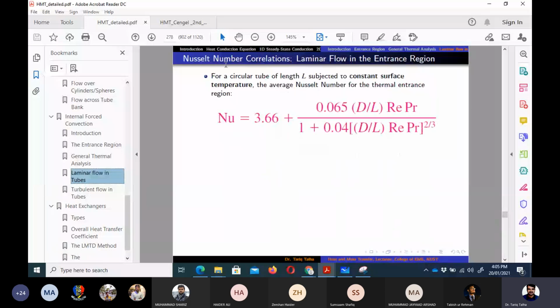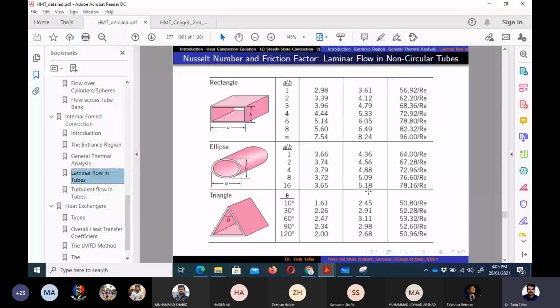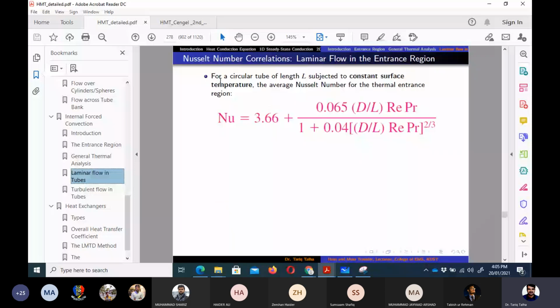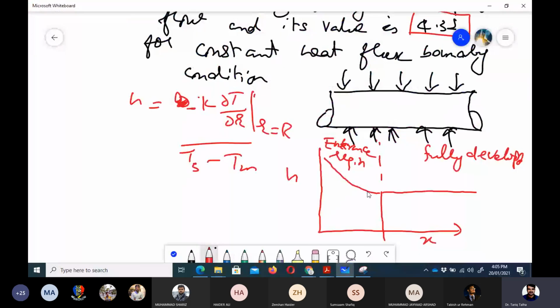Okay, this discussion was only limited to the fully developed region. So in the entrance region, for a circular tube of length L subjected to constant surface temperature, the average Nusselt number becomes 3.66 plus something, because I had told you that in the entrance region, the Nusselt number value should be greater than the fully developed value.